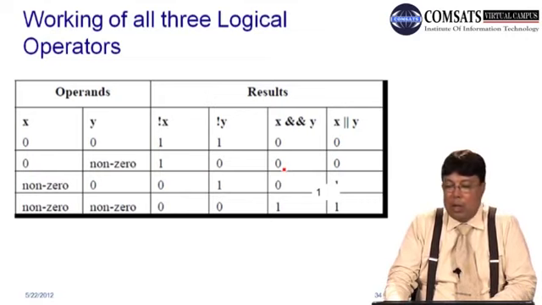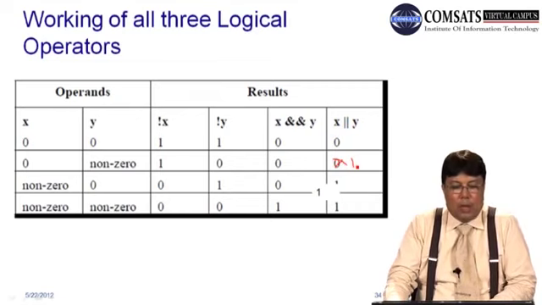X or y, non-zero, it's a mistake. It should be equal to 1, because either x is true or y is true, the result is true. इन दोनों में से कोई एक भी वैल्यू ट्रू हो जाए तो आंसर इज ट्रू. ओके, सो इसको 0 नहीं होना चाहिए, इसको 1 होना चाहिए.